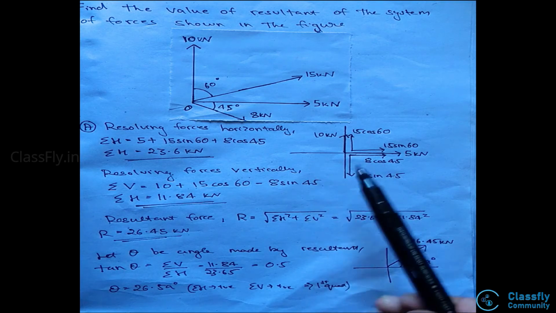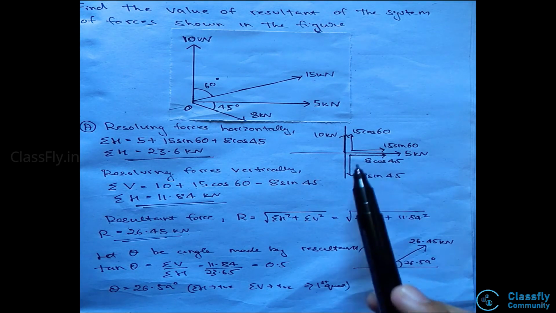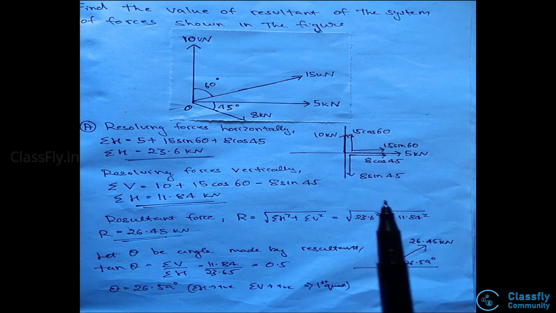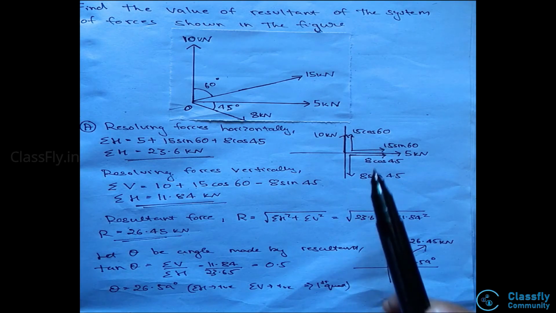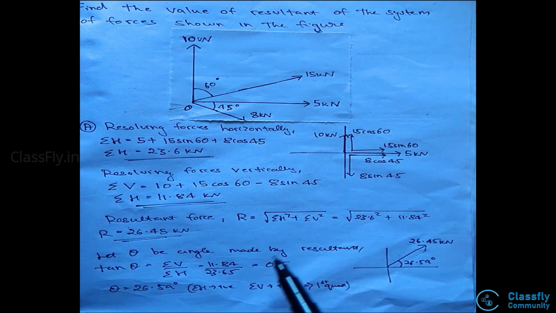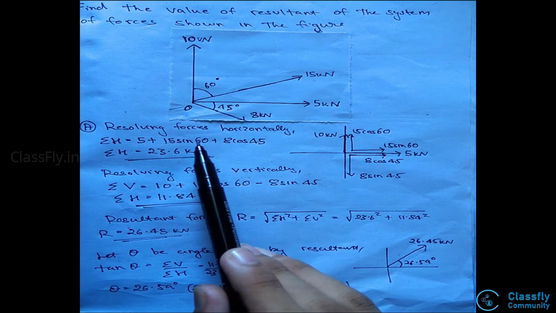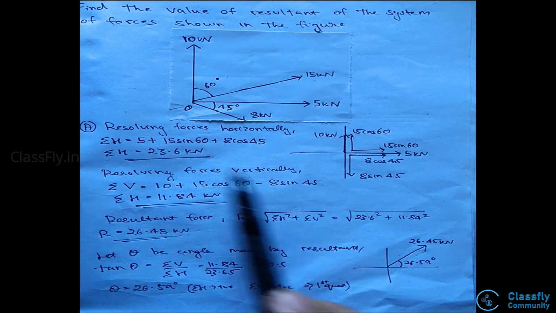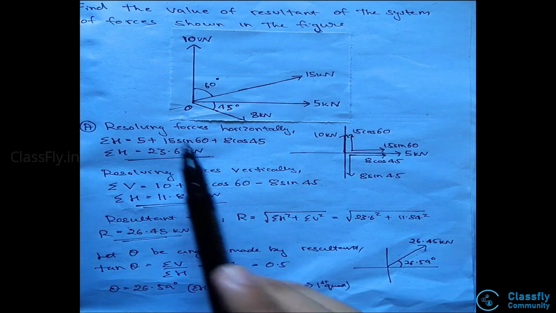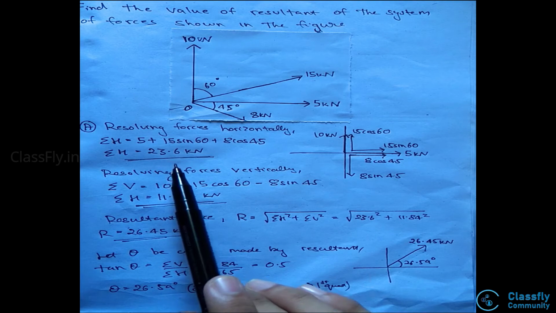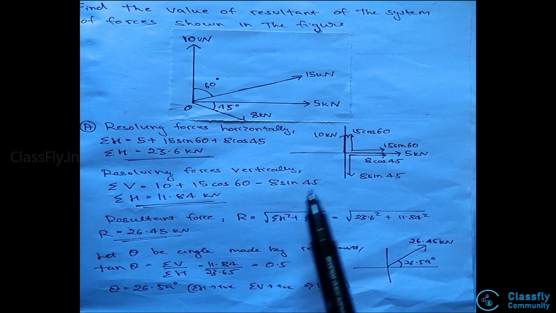Also, it is important to note that the forces which are acting towards the right and towards up are taken as positive, whereas the forces acting towards the left and acting downwards are taken negative. Now, here all the forces are acting in the horizontal, that is the right direction, hence all are taken as positive. So, summing up of this, we get summation H is equal to 23.6 kilonewtons.